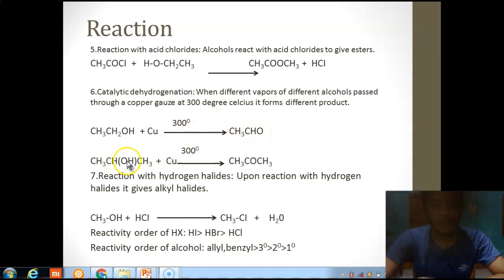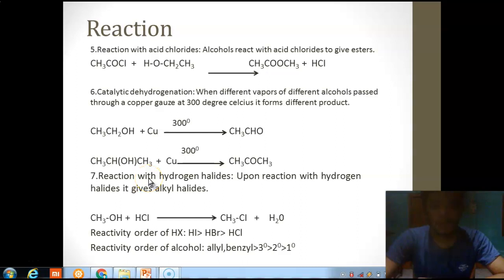And this one is secondary alcohol; when passed through copper gauge at 300 degrees Celsius, this will give ketone. So primary alcohol will give aldehyde, secondary alcohol will give ketone. This one is acetone.